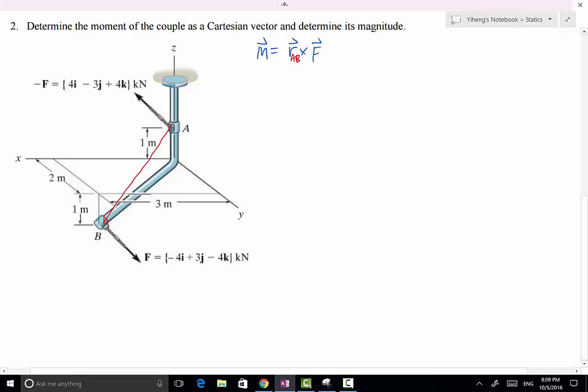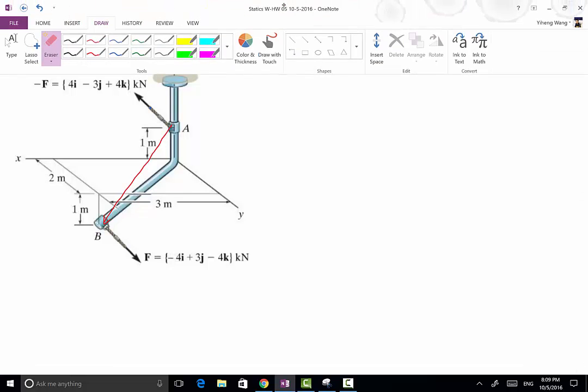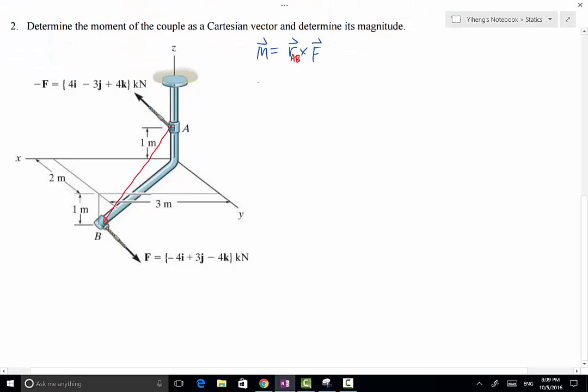At this point, you should be very familiar with determining position vectors. So in this case, position vector RAB equals 3i plus 2j minus 2k in the unit of meter. The force vector is given.